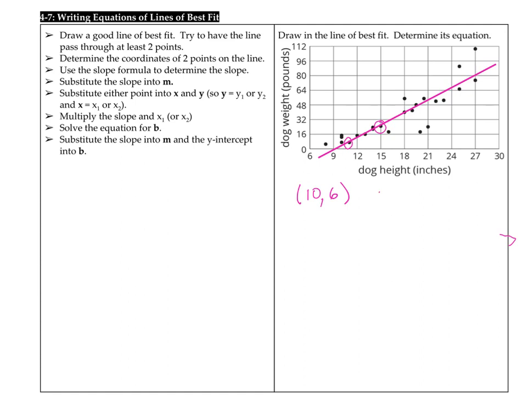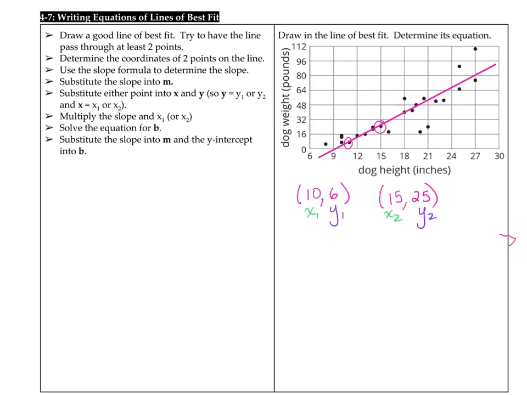And the second point is definitely at 15 inches for the height, and I'm going to guess that that is approximately 25. And this becomes your x1, and this is your x2, and this is your y1, and this is your y2.